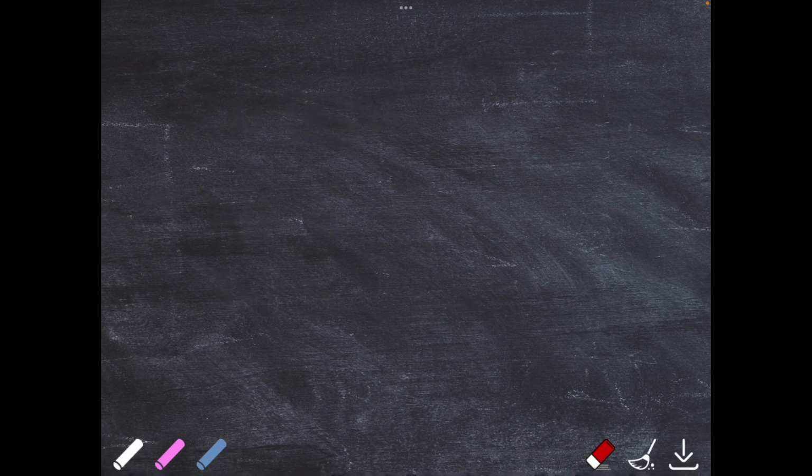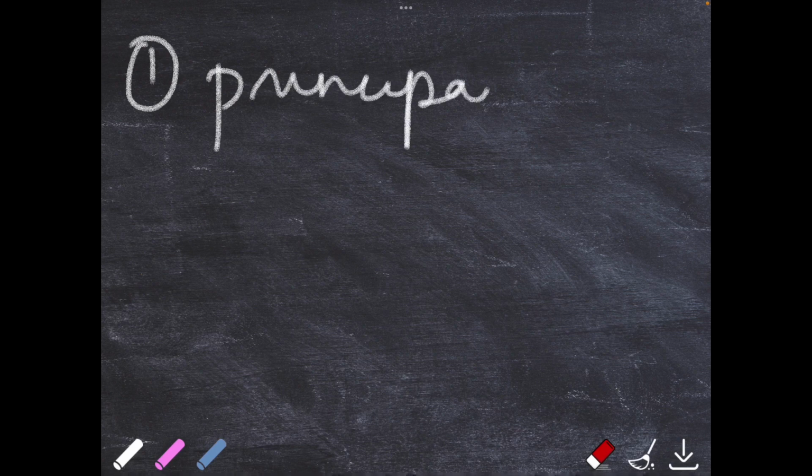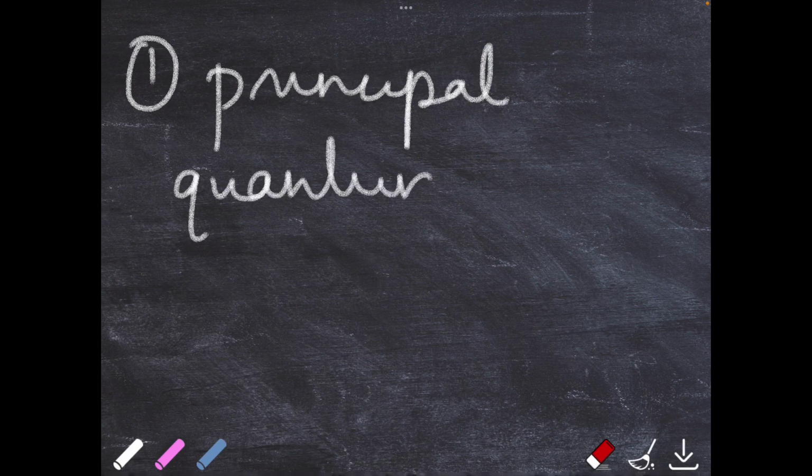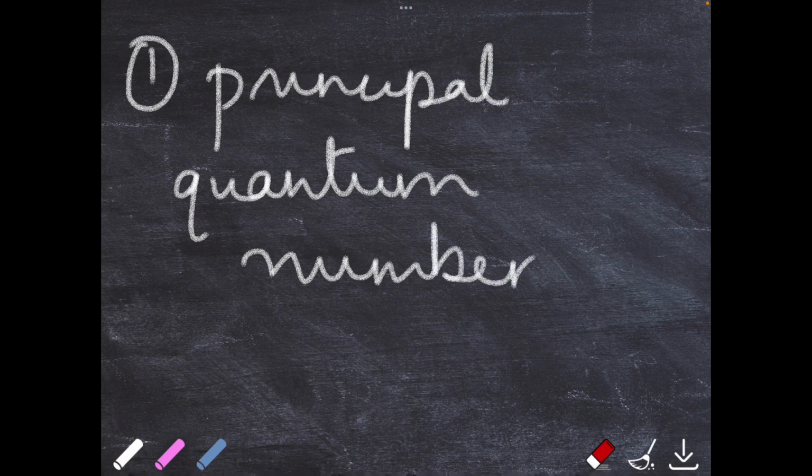So there are 4 quantum numbers. First is the principal quantum number, which we designate by small n, and n can have positive whole number values.